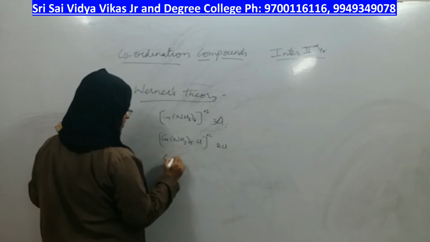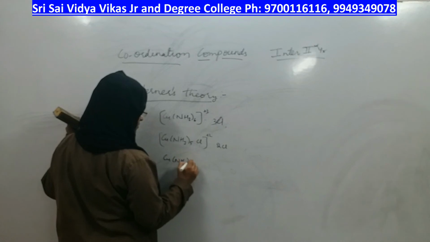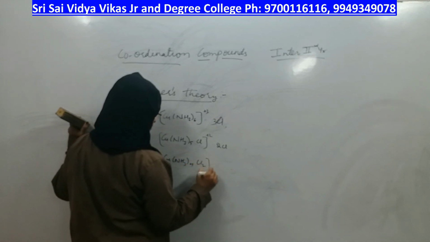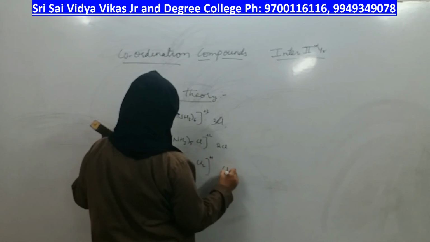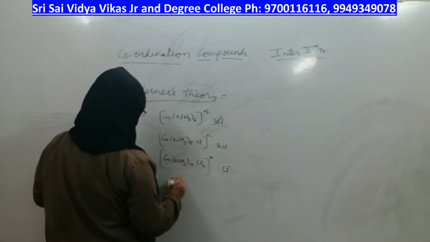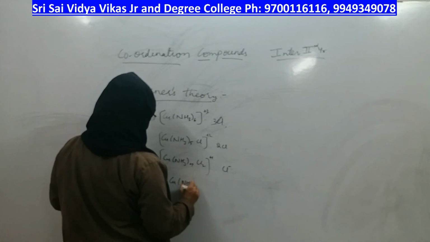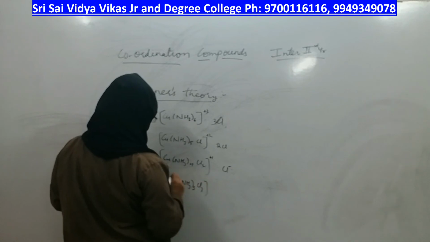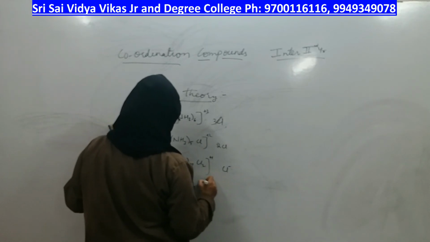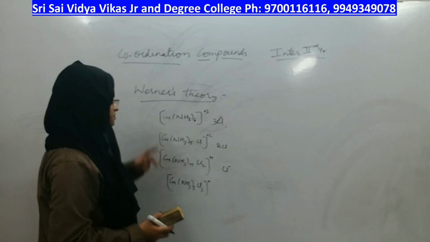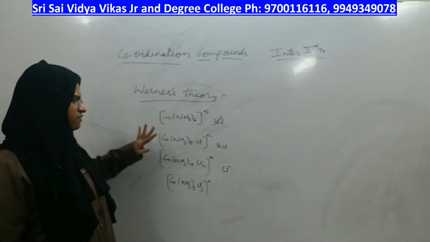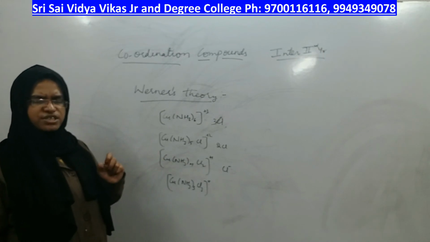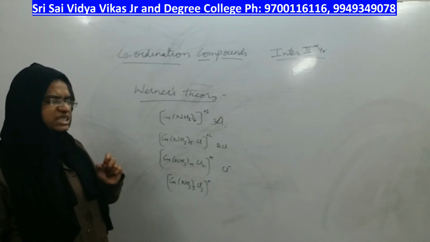This is another complex. This is another complex. And this is the last complex. These are all complexes in which the number of chlorides used is only 3.